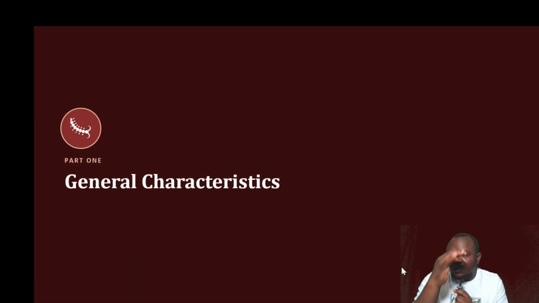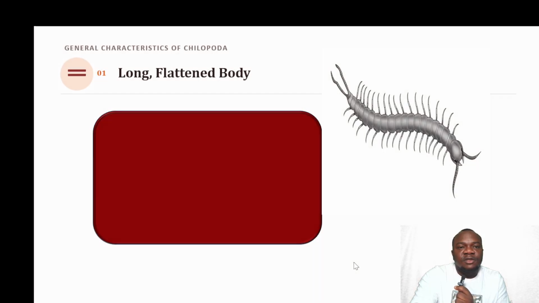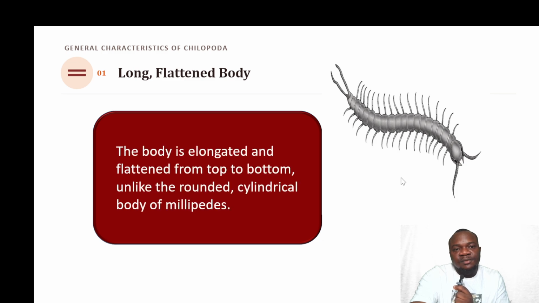And again, I'm going to learn about the general characteristics. Okay, so the first one is they have a long and flattened body. You can see how long it is, and the body is completely flattened. Unlike the millipede, which has a rounded cylindrical body, centipedes are flattened.